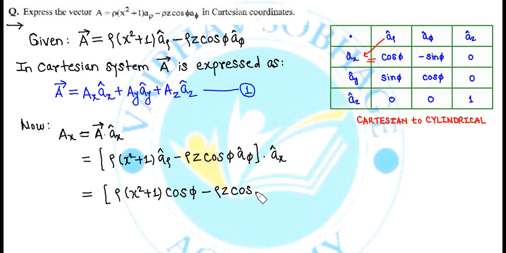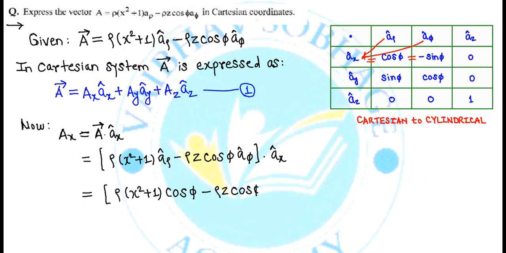Rho z cos phi, it is as it is. Now we have to find the dot product between a phi and ax. What is that? We have that to be minus of sine phi. So if you are going to put that minus sine phi over there, okay, for your reference purpose, I am going to put that one.